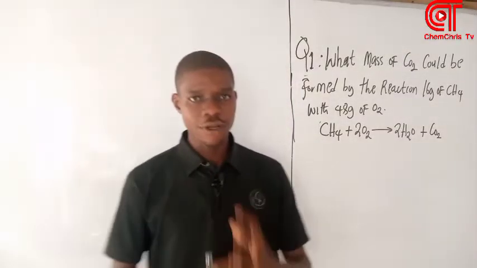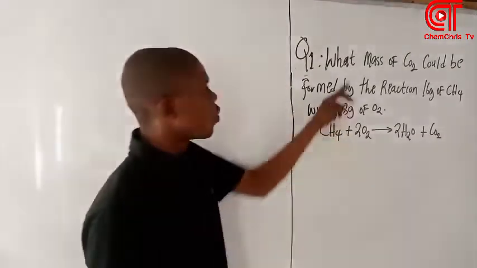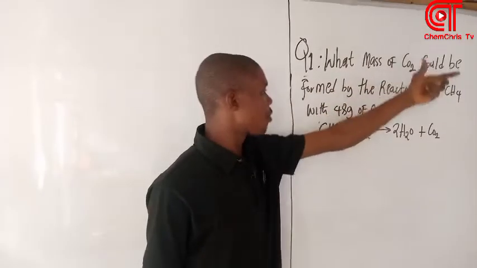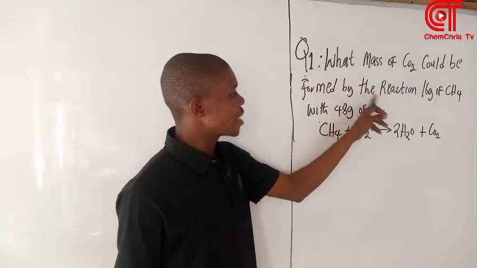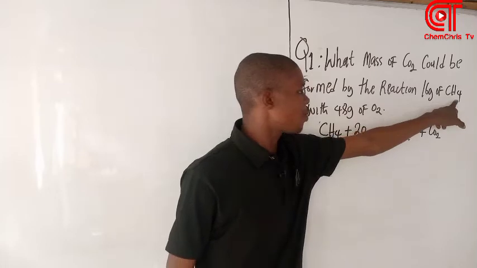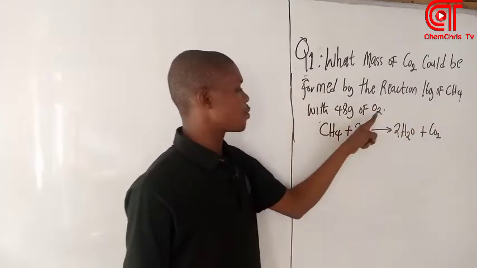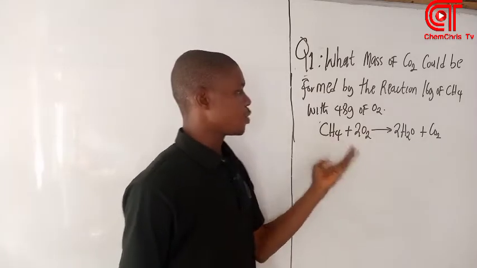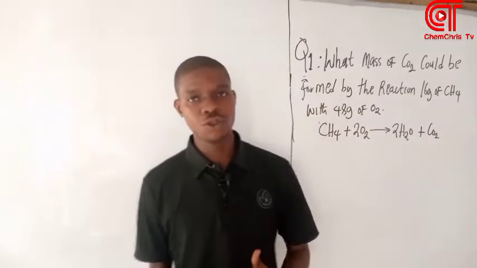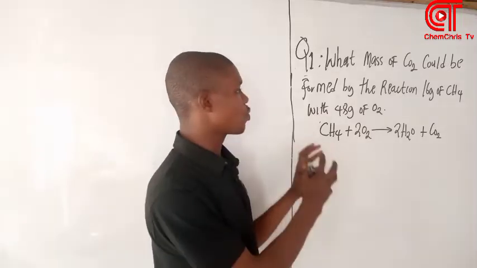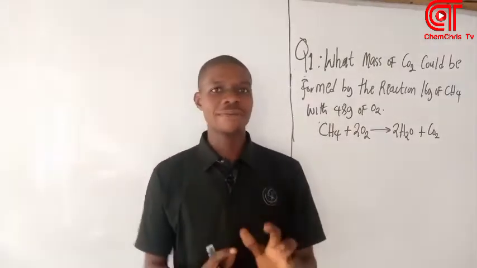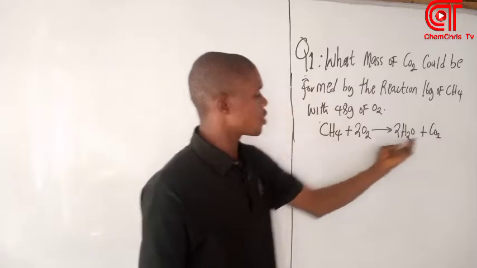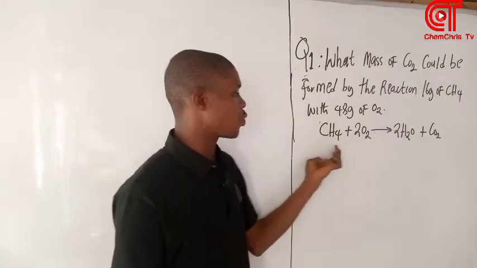So now let's take the first question. What mass of CO2 could be formed by the reaction of 16 grams of CH4 with 48 grams of O2? Here is the balanced chemical equation. For every question that relates to reacting masses, you want to write the balanced chemical equation.